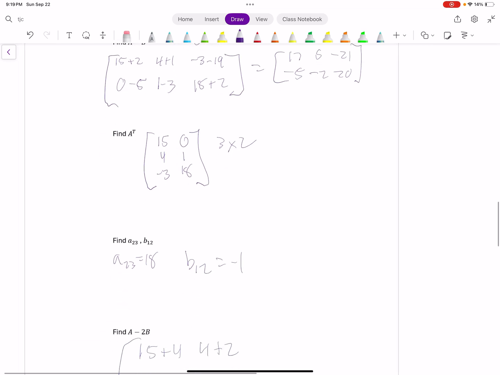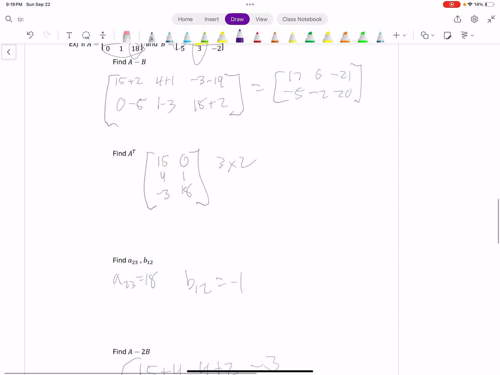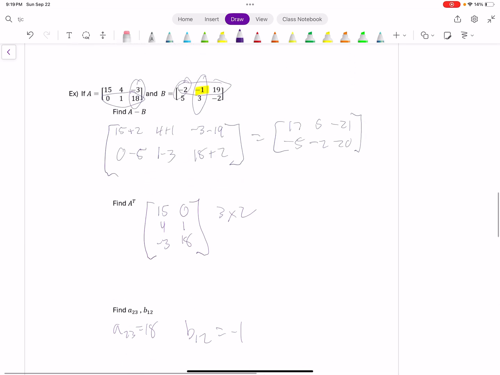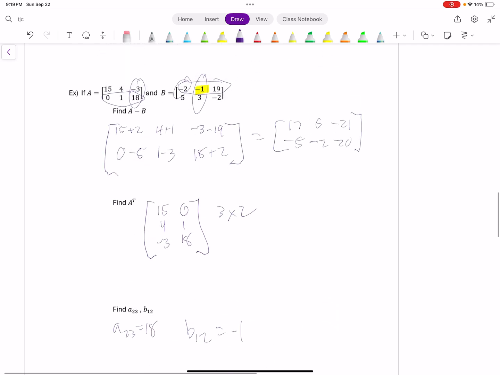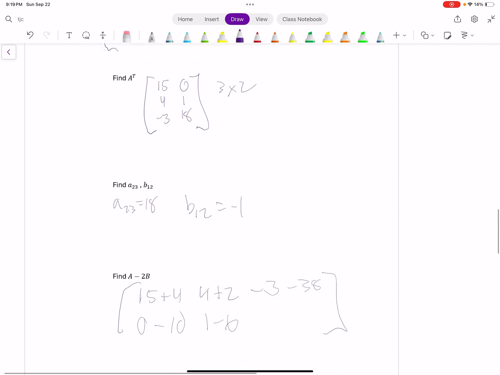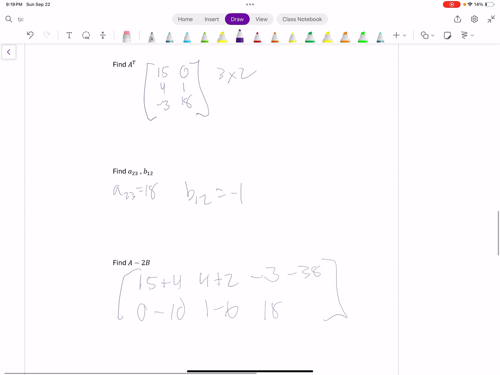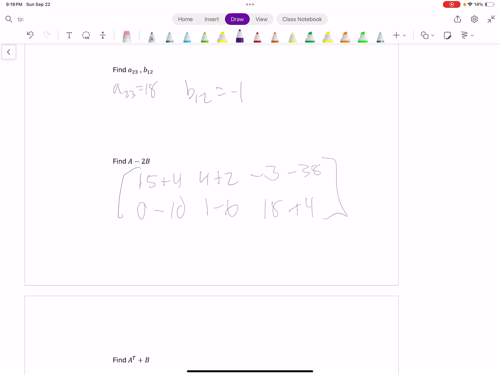And then negative 3 minus 38. And then second row, 0 minus 10. Then 1 minus 6. And then 18 minus, or plus 4. 18 plus 4. Okay, so when we do that, we're going to get the matrix 19, 6, negative 41, negative 10, negative 5, and 22.